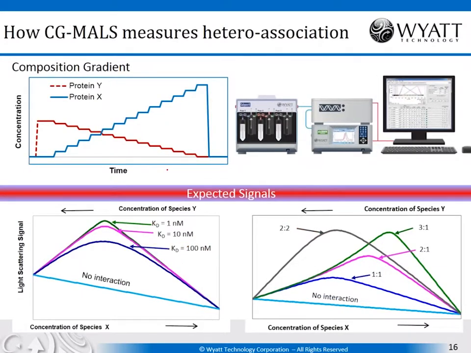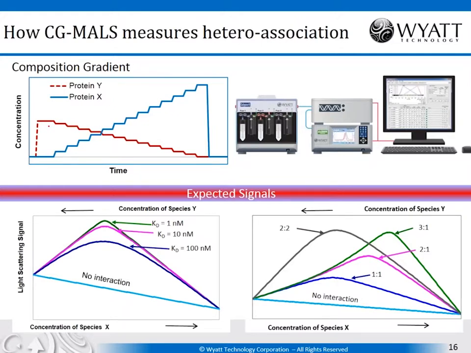For hetero-association, we use a method known as a crossover gradient. Normally when you think of a hetero-association measurement, you do a titration where you have a fixed concentration of one protein and you titrate in the other protein and you get a sigmoidal curve.